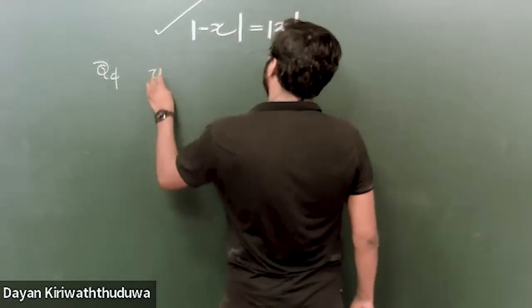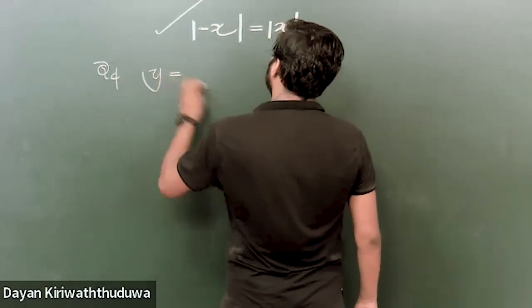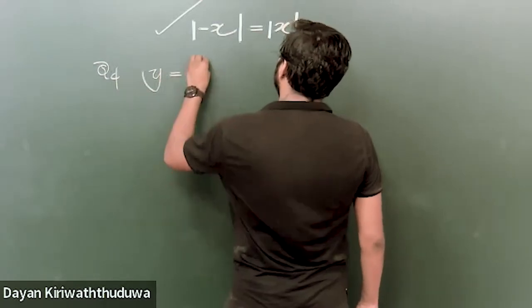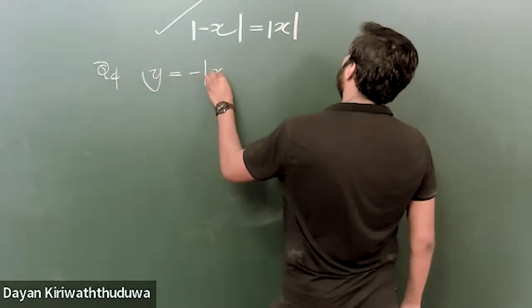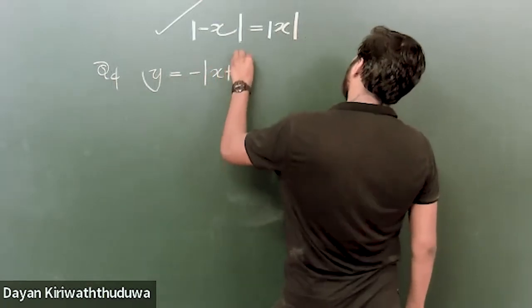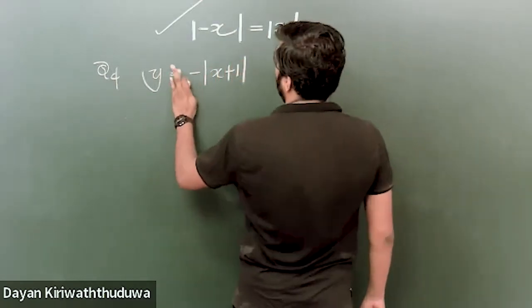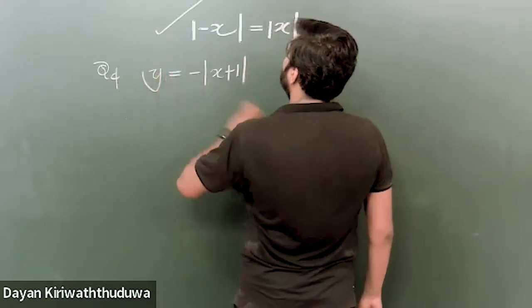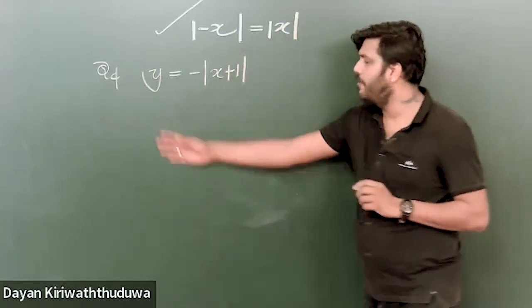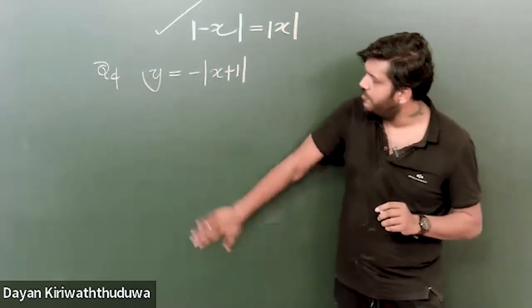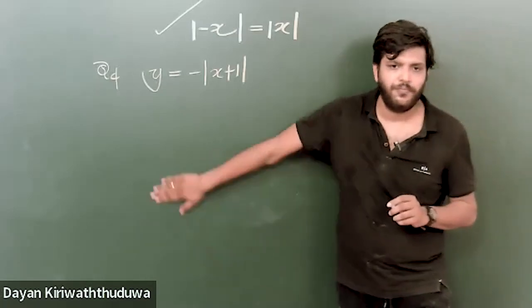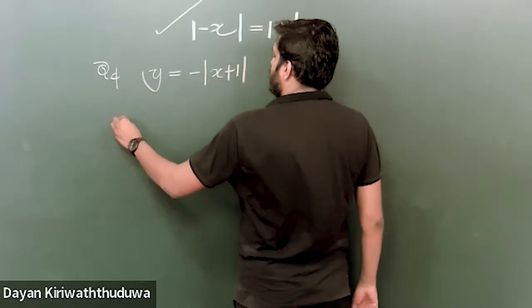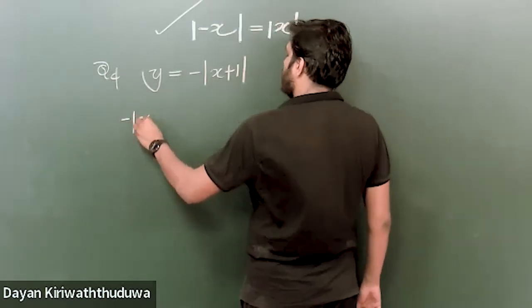We have y equals minus the modulus of x plus 1. Think about this. I'm going to write this as minus the modulus of x plus 1.